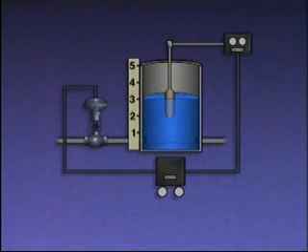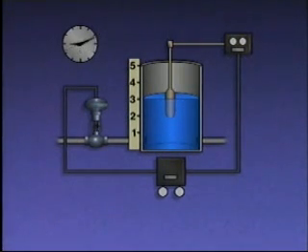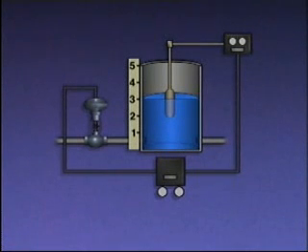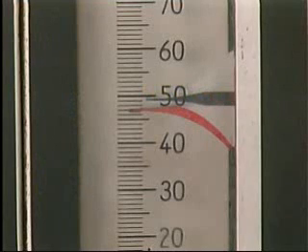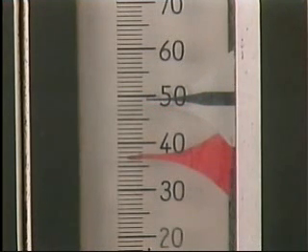When the values of the process variables in a system remain relatively constant over a period of time, the system is said to be operating under steady-state conditions. Most control systems will allow slight variations in the values of process variables. But if the value of a variable changes significantly from its set point, corrective action may be needed to return the process to its original operating conditions.